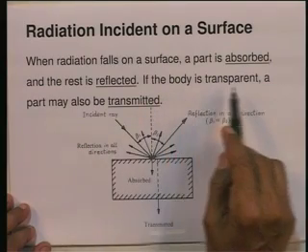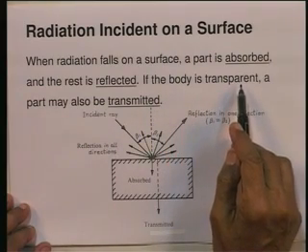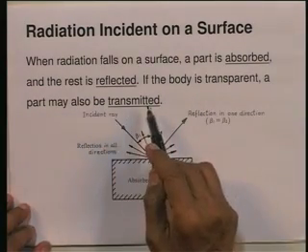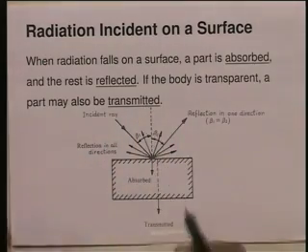If the body is transparent, a part may also be transmitted. So, three things happen to radiation when it is incident on a surface: a part is absorbed, a part may be reflected, and a part may be transmitted through that body, if that body is transparent to radiation.